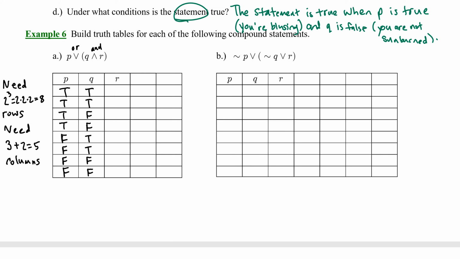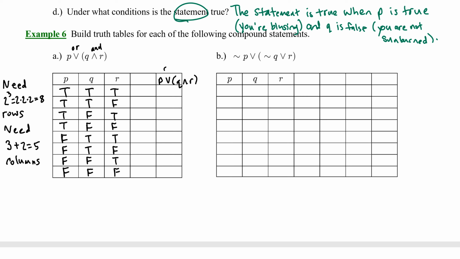And then finally, continuing this pattern in column 3, we're going to alternate true and false. So true, false, true, false. We're going to set up our truth table the same way every time. This gives us every possible combination of truth values for our individual statements P, Q, and R. Now, we know that in the last column, we're going to have our entire compound statement. So I'm going to go ahead and put that over here.